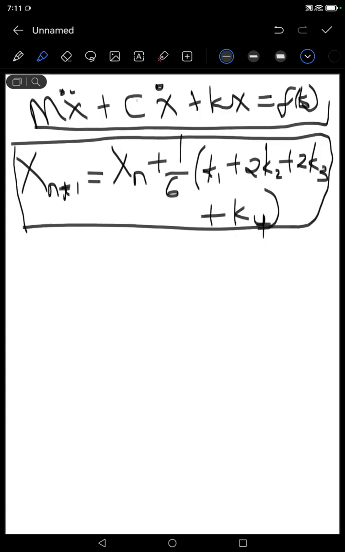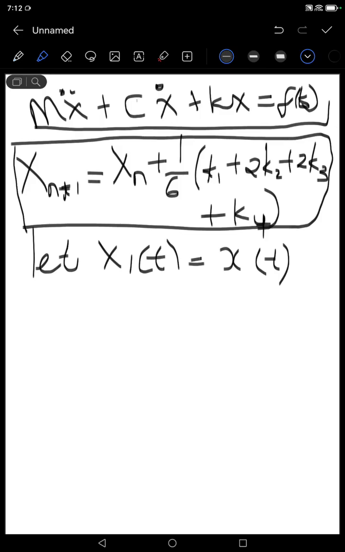So now from this equation, let's let x1 of t equal x. Okay, like this. And also let's let x2 of t equal x dot. Okay, this is x dot of t.